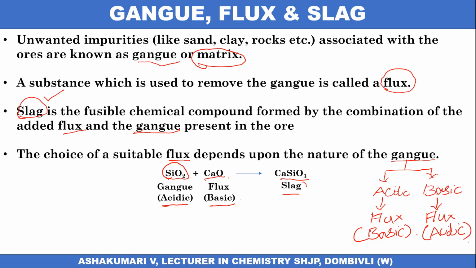And this slag can be easily removed during the metallurgical operation. In the first chemical reaction, instead of calcium oxide, we can also use magnesium oxide, which is also basic in nature. Therefore, if the gangue is acidic, then we have to use a flux which is basic in nature.